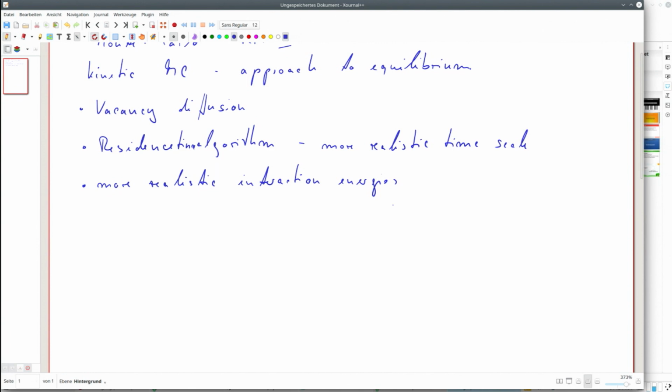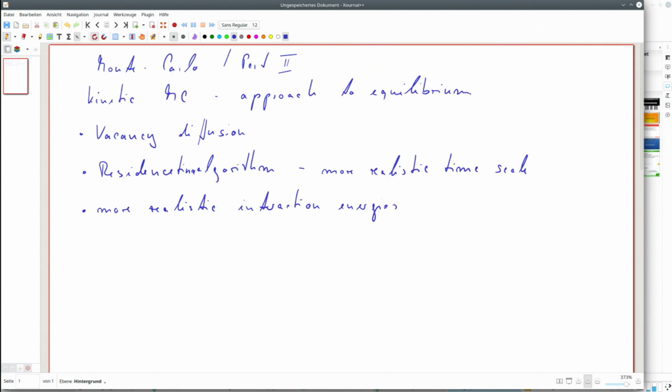Okay, one point is missing. Besides this, or it's a bit on the side, I will also explain how to calculate phase diagrams inside a Monte Carlo simulation.